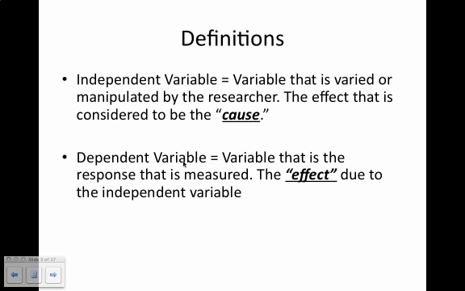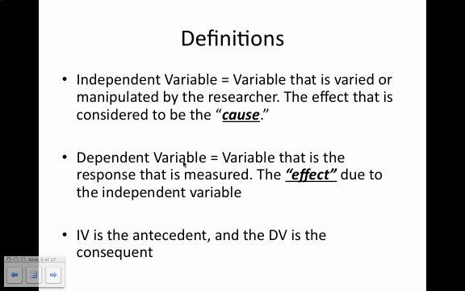I italicized, bolded, and underlined the words cause and effect. So if you ever get confused, think in your head, what is causing the effect? From here on out, independent variable will be written as IV.